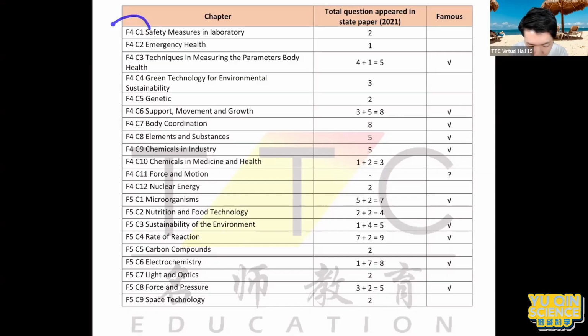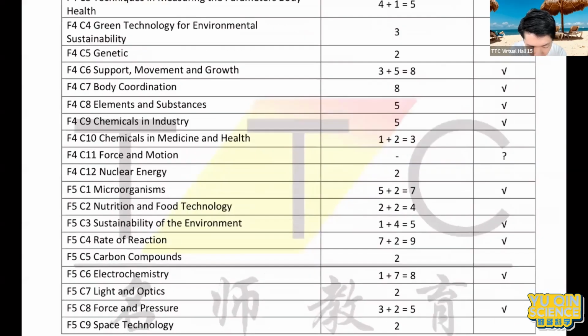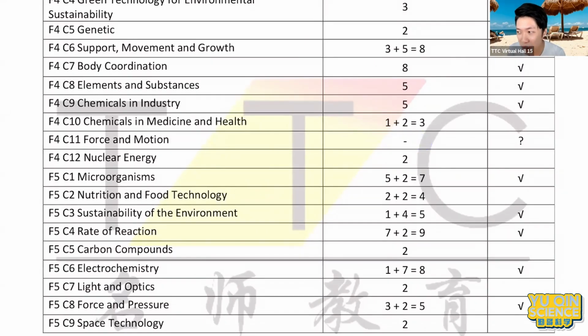For example, Form 4 Chapters 1 and 2, very little questions. Even Form 4 Chapter 11, I was surprised. No question came out instead. I'm talking about Section A and B, because the inertia question came out in some states in Section C. The inertia, you know, the G-clamp, whether you swing the ruler or the metal blade, that came out in Section C. But I realized in Sections A and B, there are so many calculations and interesting topics in that chapter, yet never asked.